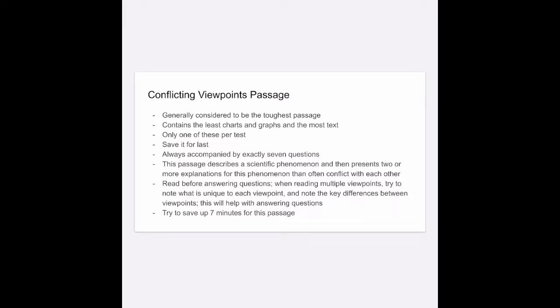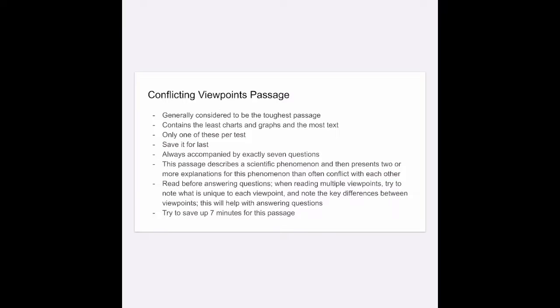The other 2, data representation and research summary, mostly rely on reading graphs, although you may have to read a bit, whereas this one is different. There are usually no graphs, maybe very few. And there's a method to this that you don't really use for the other 2 types.